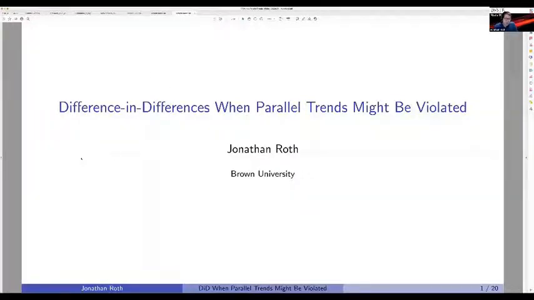So what I want to talk about today, Andrew sort of talked about, we moved beyond the simple 2-period diff and diff model where treatment happens in the second period. We have treated and control, and Andrew talked about how we go on to staggered timing, but he sort of maintained this key assumption in the 2x2 model of parallel trends, that the two groups, if they hadn't gotten treatment, would have had their outcomes on average move in parallel with each other.